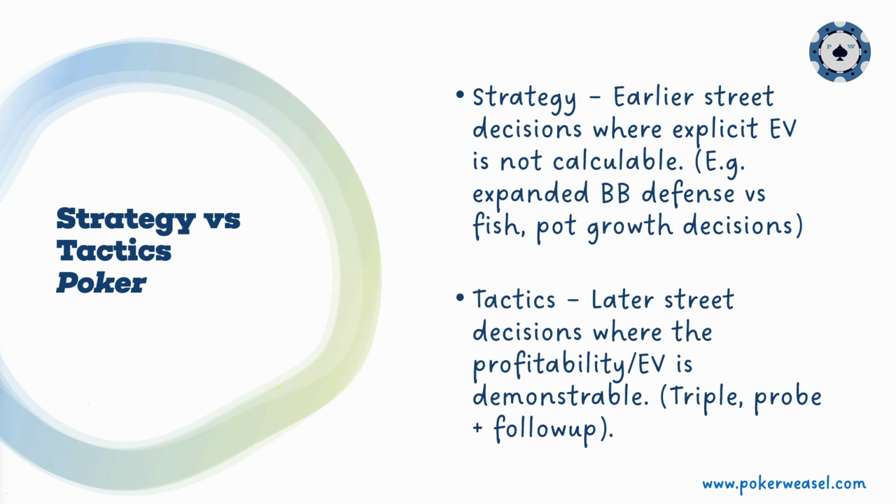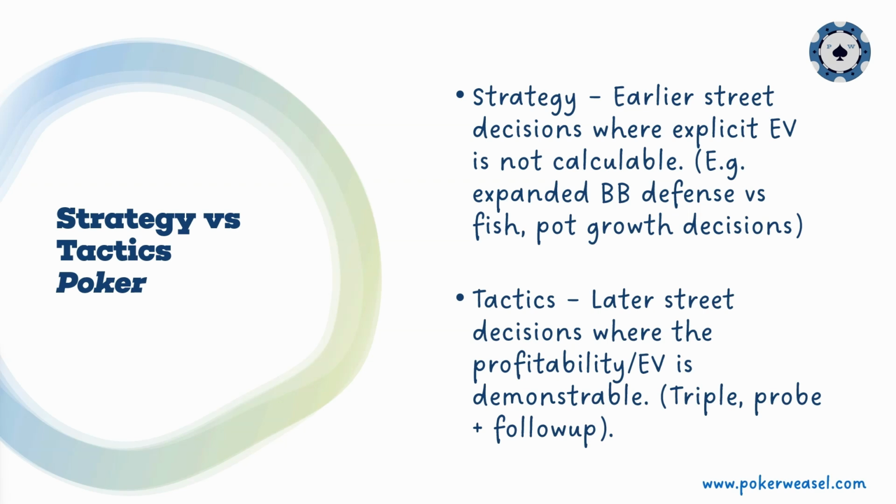What would be an example of a tactic in poker? Imagine we're in a triple barrel scenario. We've c-bet the flop, we've c-bet the turn. Let's say our opponent has checked to us on the river, and we want to figure out if firing the third street as a bluff is going to be profitable. Well, if we take a look at population data, we'll see that the player pool is typically overfolding against triple barrels.